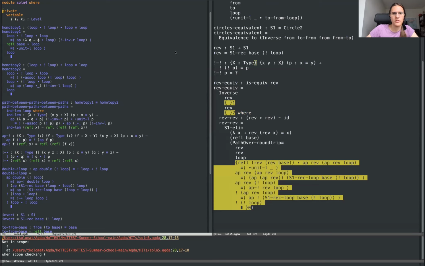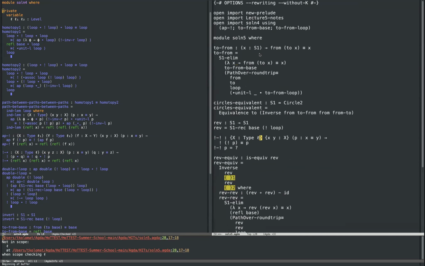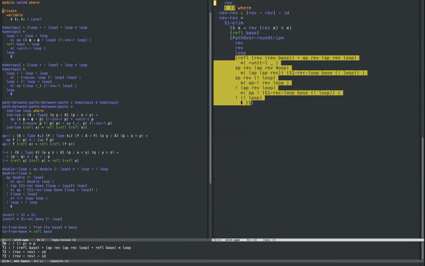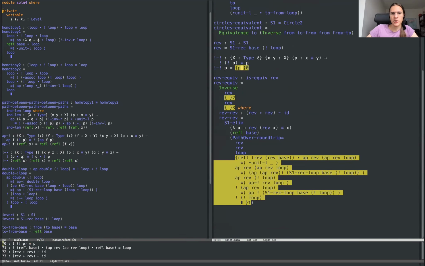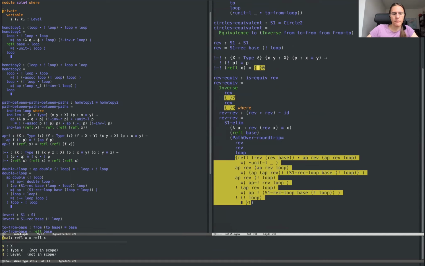Path induction. Yep, path induction. So we do induction on P. Let's call it refl, and then we want to prove refl is refl.